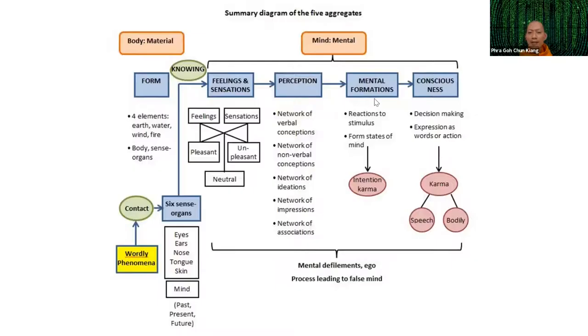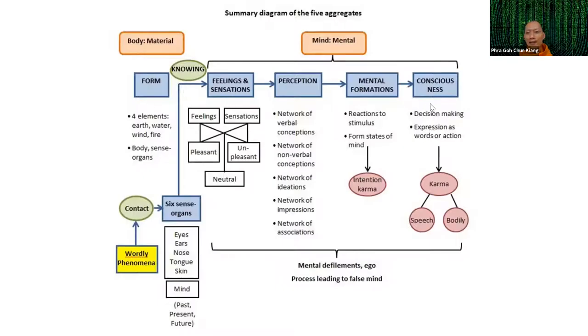And mental formations is basically anything that generates all these things. Mental formations can generate consciousness, sensations, form, and perception. If you want to talk about dependent origination, mental formation comes first before consciousness, followed by nama rupa, mind and matter, followed by feelings.